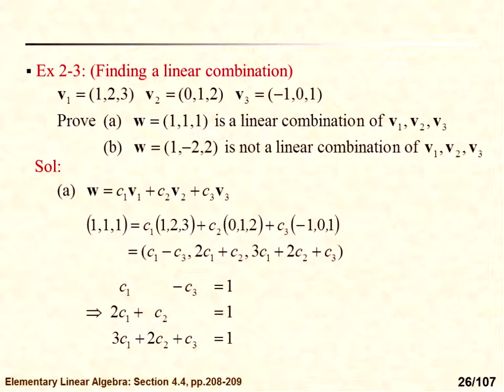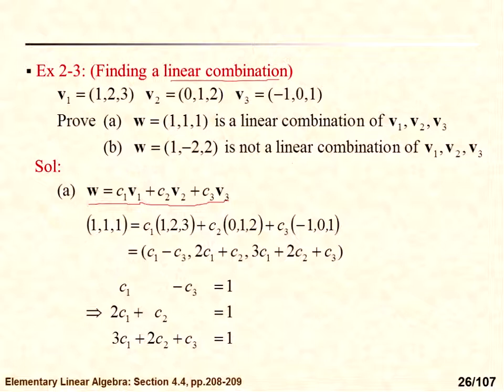In previous slides, as I told you, these are examples of linear combination. If we have a given vector and we multiply it with any constant, then we say that it is a linear combination.